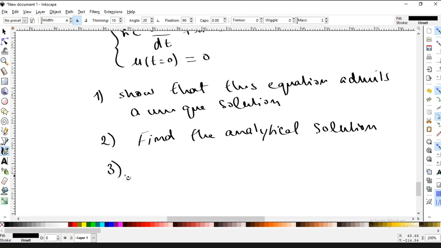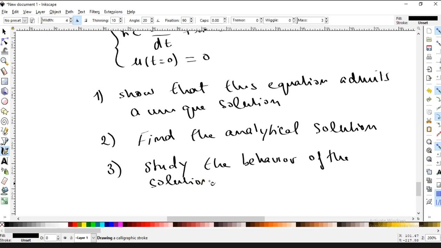And three, study the behavior of the solution with respect to round-off error.